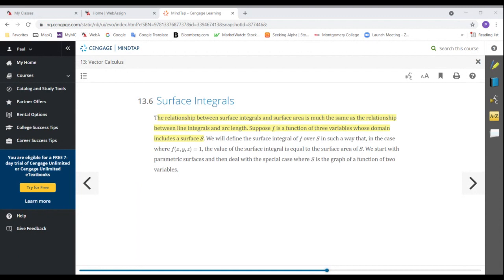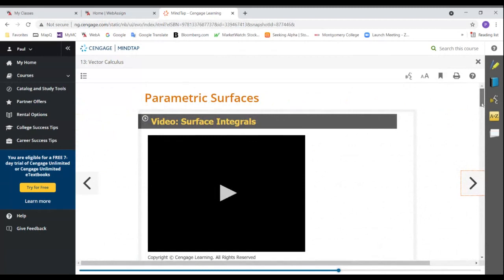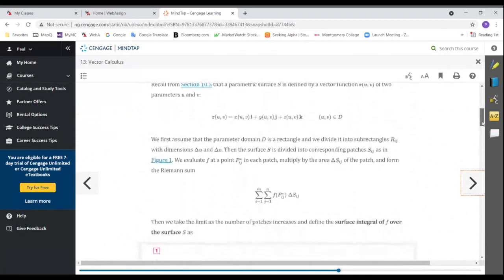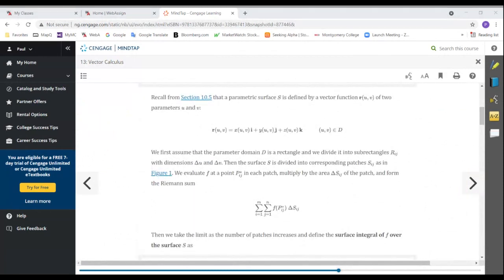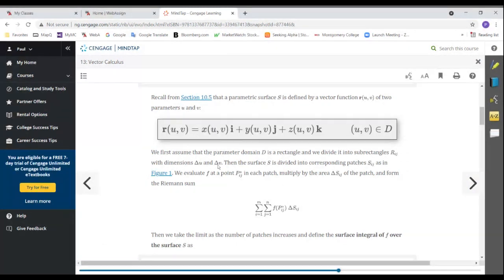Okay, and what we want to do here is the following. Let me just go to the next page here. So again, we come back to the idea that we can scratch out a surface in three-dimensional space with a vector r that's a function of u and v.